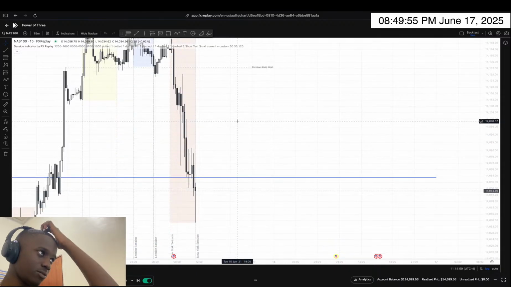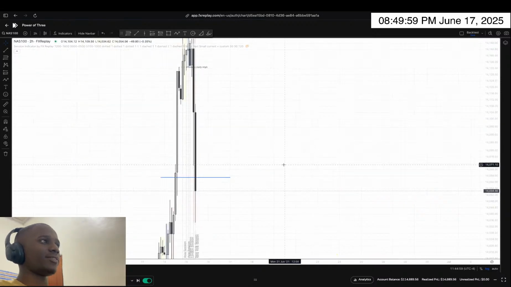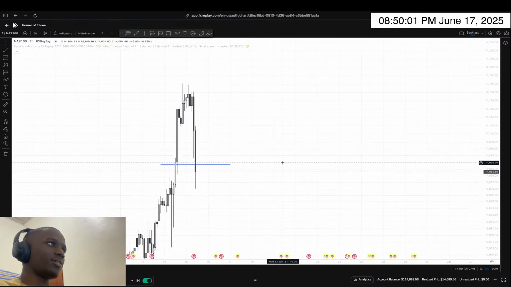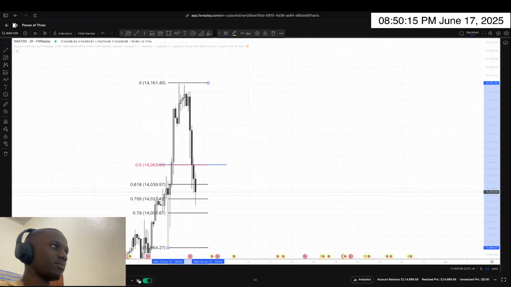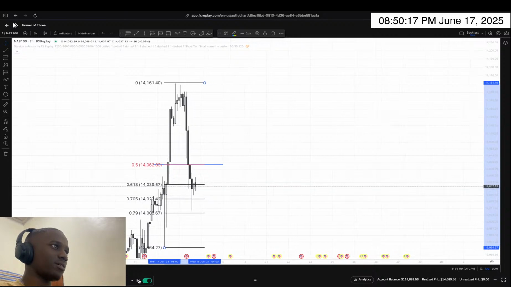Nice drop to discount. And by the looks of it, I think we've already reached even the OTE level, which means we'd be ready for the next day to start buying. From the low to the high, we've dropped into OTE, this one right here. So I'll basically now wait for the next day.